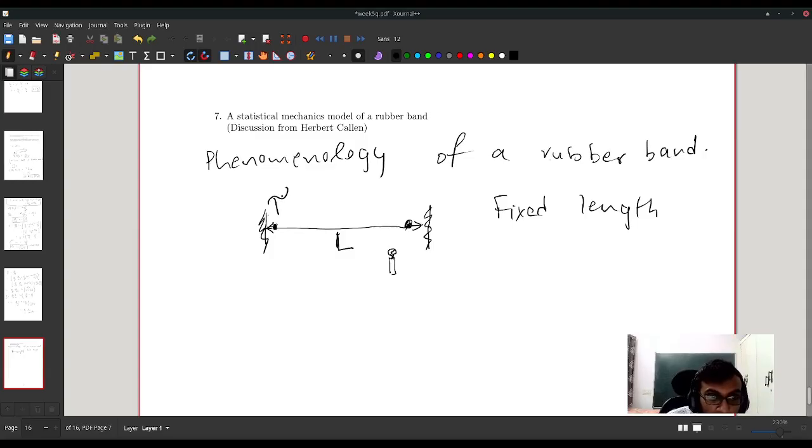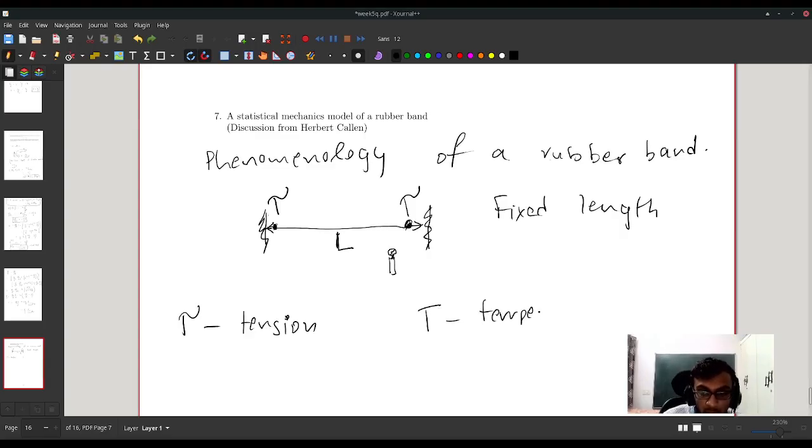So let's use this fancy T for tension. This is tension, and T is the standard T for temperature. So that we don't get confused, let us use this fancy T for tension.